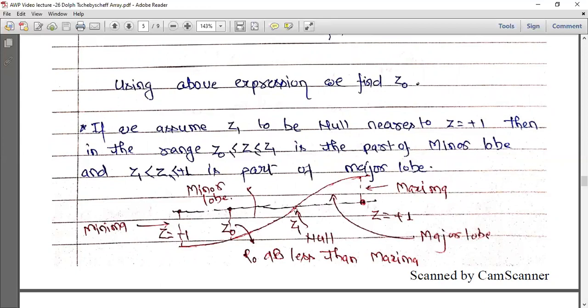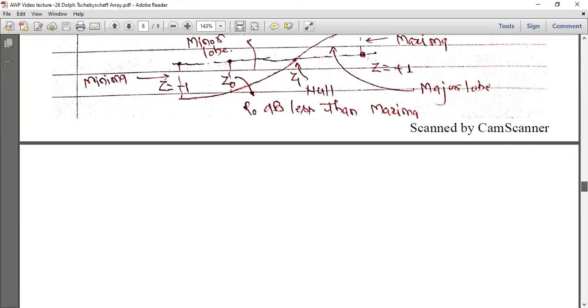Similarly, the region between z1 and z equals plus 1 represents the major lobe, the portion between the null line and the direction of maxima. So z equals plus 1 represents the direction in which maximum radiation is going on, z equals z0 represents a direction in which there is a side lobe with maximum value R0 dB less than the maximum value of the major lobe, and z1 is the position of the null.